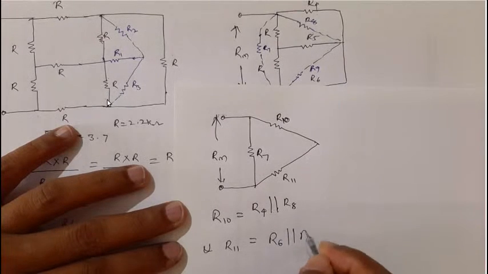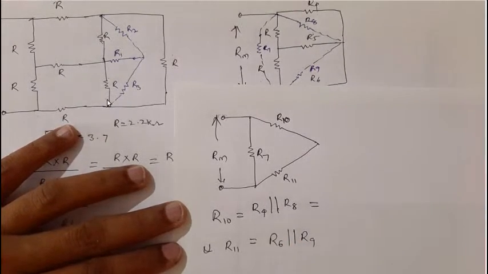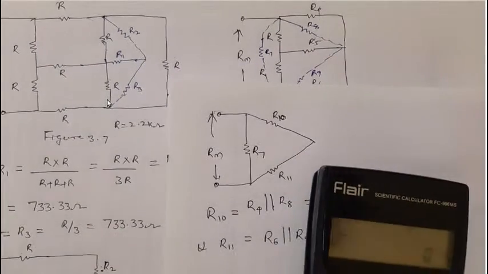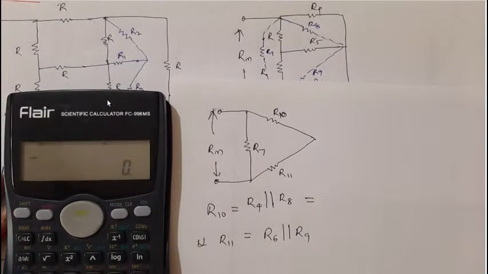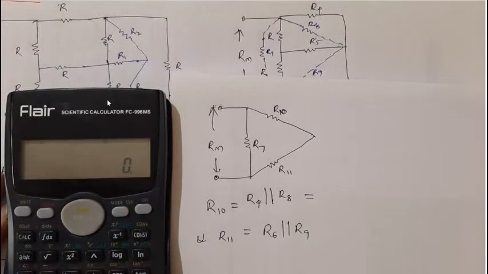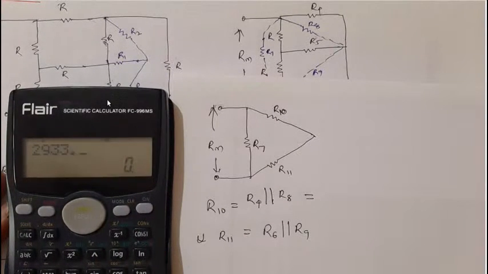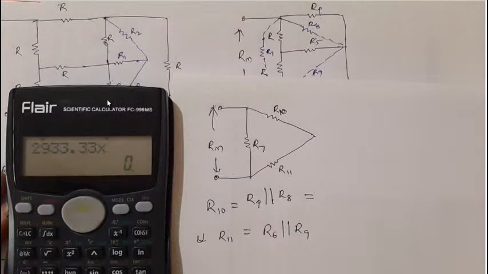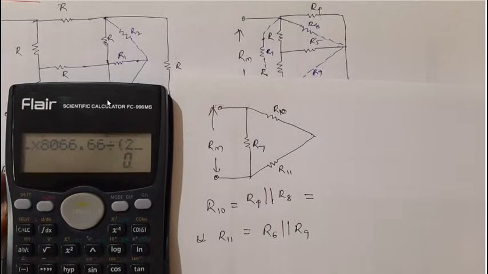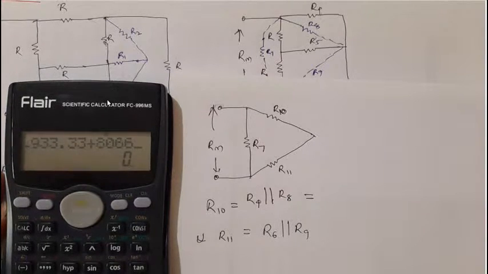So now R4 is 2933.33 into 8066.66 divided by 2933.33 plus 8066.66.